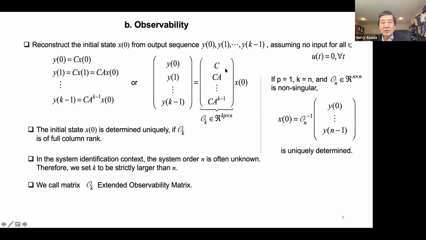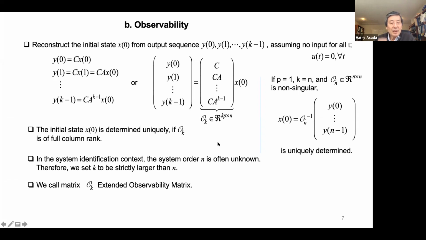Then this matrix becomes an n by n square matrix. If it is full rank, that means it's invertible. So taking the inverse, you can explicitly write x naught equal to the observability matrix inverse times this observation. So you can uniquely determine the original state x naught, right?